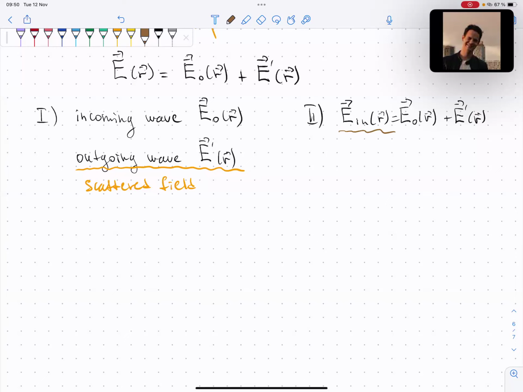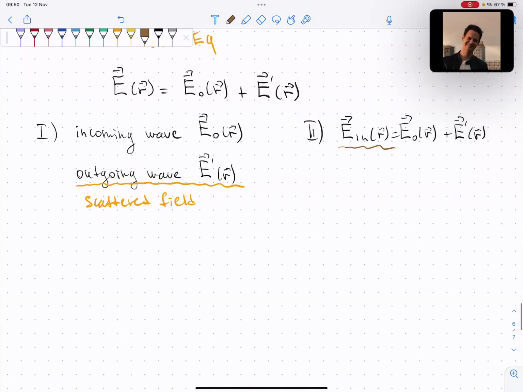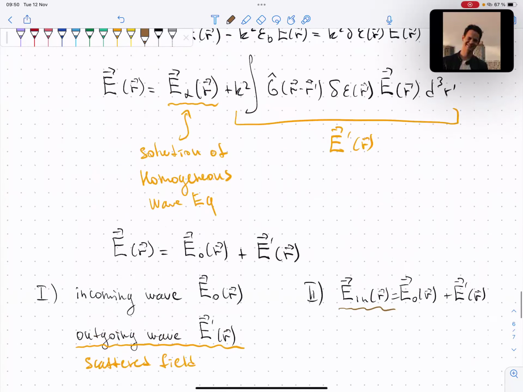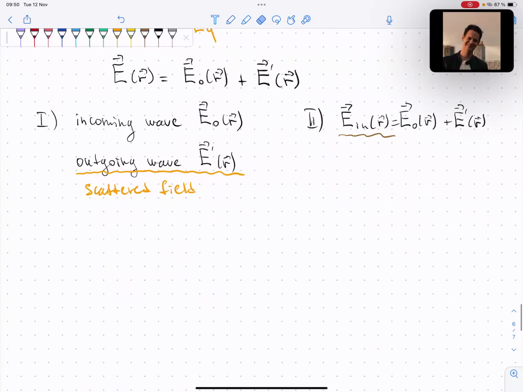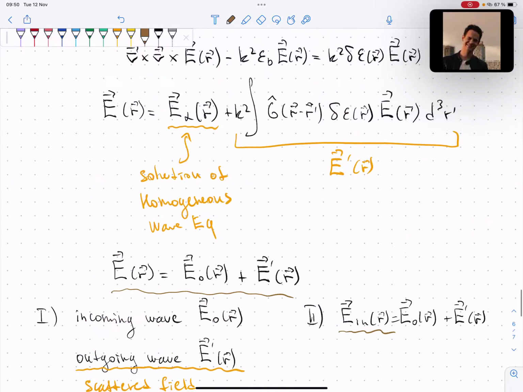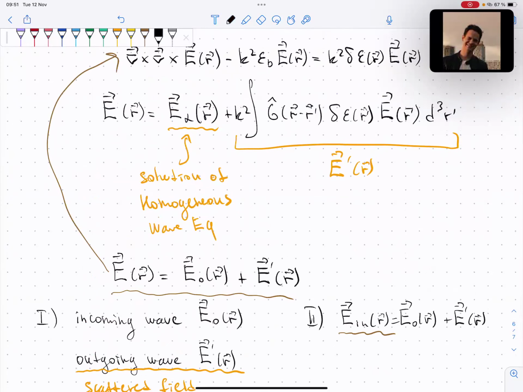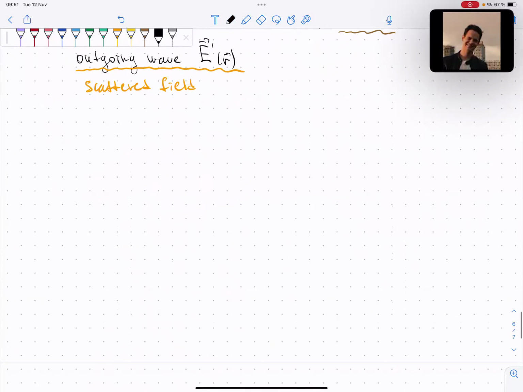So, from this point of view, for the scattered field, we can put this definition into our wave equation, and we can look at this from another perspective.